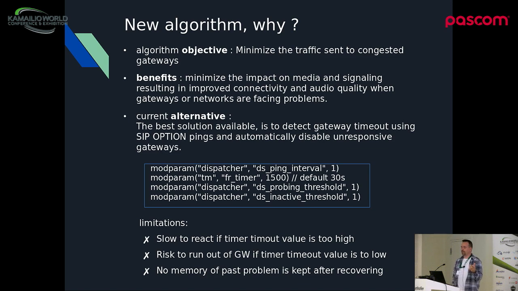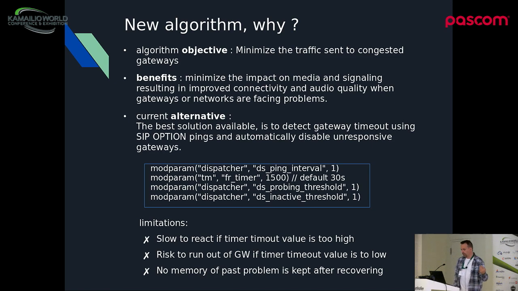It doesn't mean that because the signaling is slowing down, the gateway will also be slowing down in general, but it's likely. It may be because the server is logging too much, or because the internet connectivity of this gateway is now problematic. So it's very likely that if a gateway has a hard time responding to signaling, it will probably not be that good at dealing with media, which is even worse.